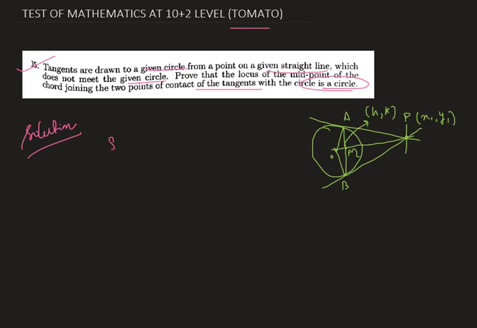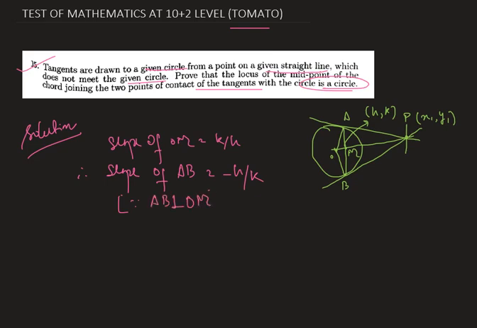Now first of all, the slope of OM is k by h, and the slope of AB is therefore minus h by k, as AB is perpendicular to OM.